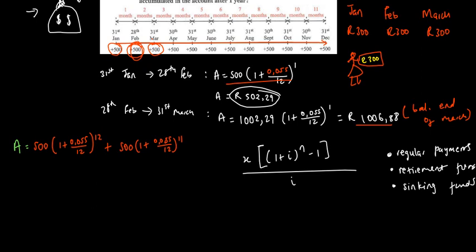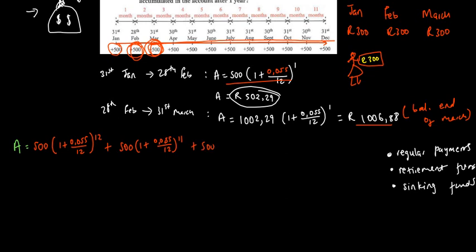After that, you say this one that is deposited in March is going to grow for the remaining months. How many months? It's going to grow for 10 months, right? So you say 500, it's going to grow for 10 months, like that, until the last 500 that you are depositing in December.